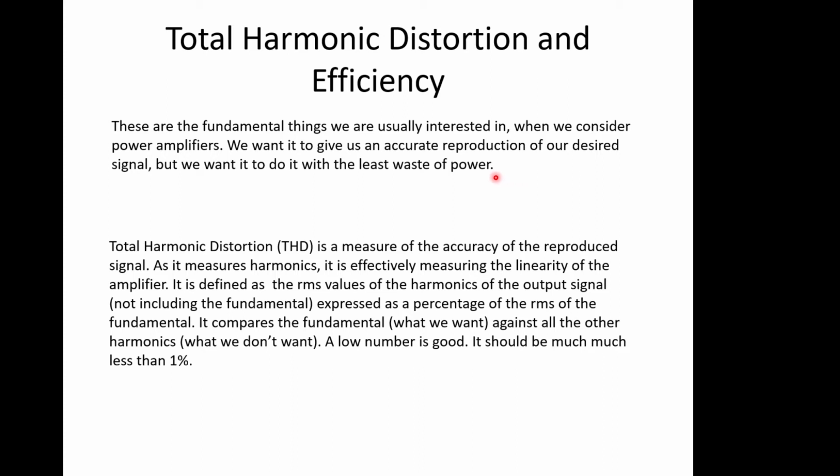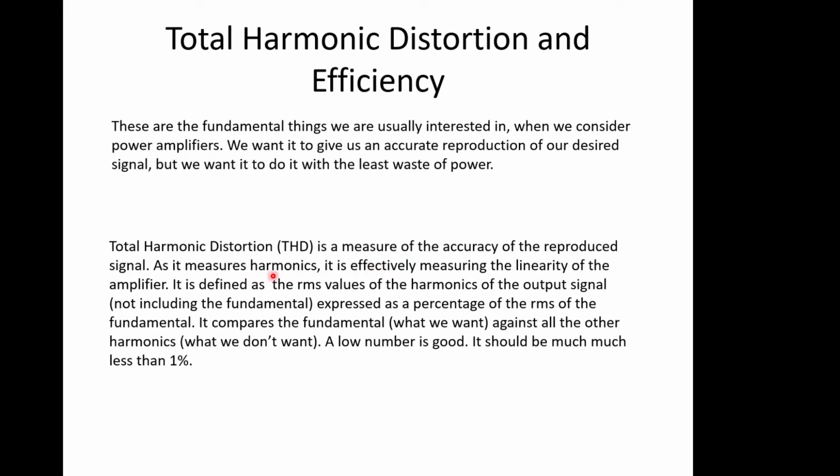We would like the output of the amplifier to be a faithful representation of the input, i.e. it's linear, but as you've probably gathered by now, not everything is completely linear, and eventually as we turn the amplifier up, we start to get distortion as non-linearities come into play. And there's this measure called total harmonic distortion, or THD, which is a measure of how much distortion there is in the signal.